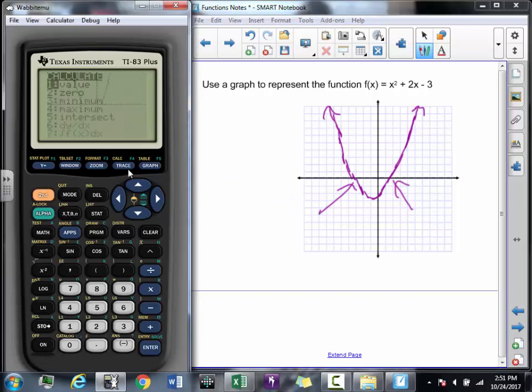Second, calculate, zero, and then you need to narrow down the range. Everyone's calculator is going to be slightly different, but I'm going to go on this side here, and then scroll over to this side here, and see how it finds a little narrowed down band to search in. Once I press guess, it'll find that this one here is at 1, 0.